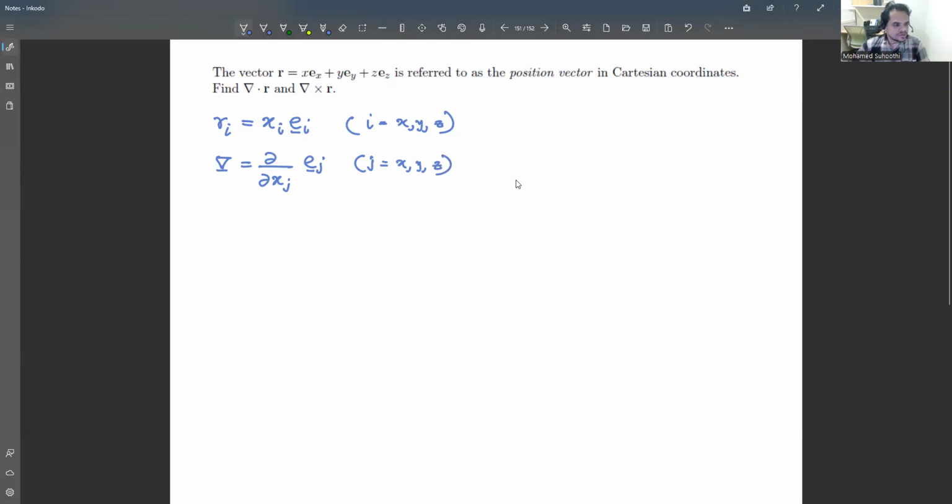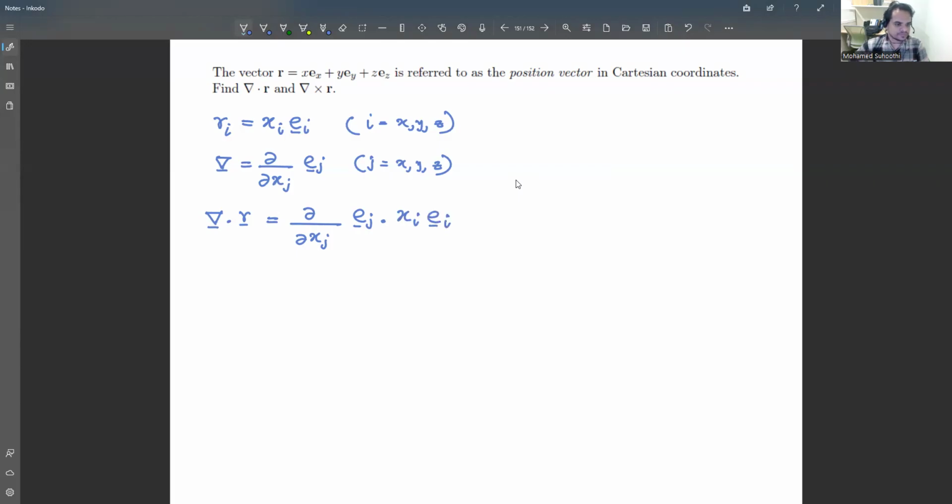Okay. So now first I try to find the divergent. The dot product between the del operator and the vector. So the del operator, let me write that one here: dou by dou xj ej, dot product with xi ei.